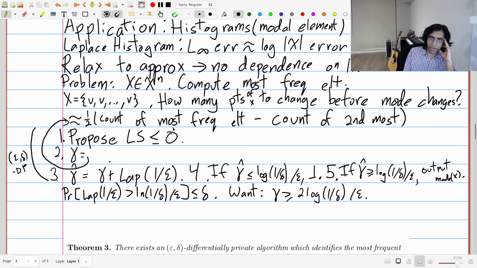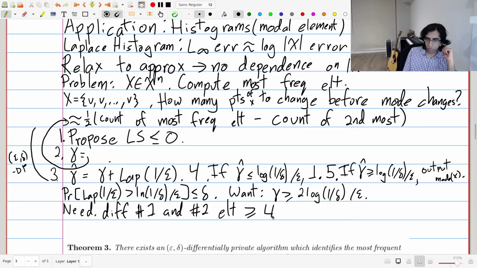So we want the difference between the count of the most frequent element and the count of the second most frequent element to be greater than or equal to 4 ln of 1 over delta over epsilon.